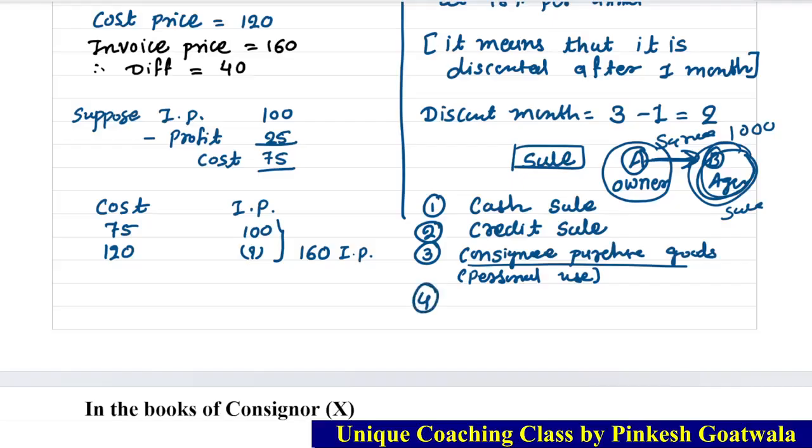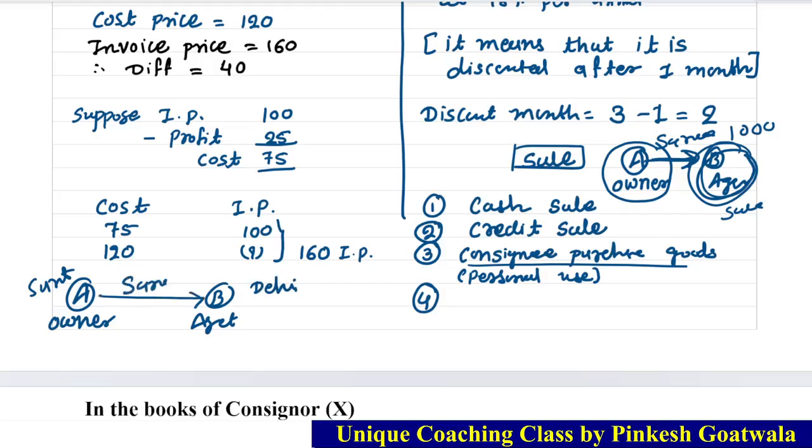Fourth point, here A, here B. Okay, it is the owner, it is the agent. This is from Surat, this is from Delhi. Now A sends goods to the agent. Okay, suppose these are saris. And B makes a cash sale, makes a credit sale, and also purchases for personal purpose.